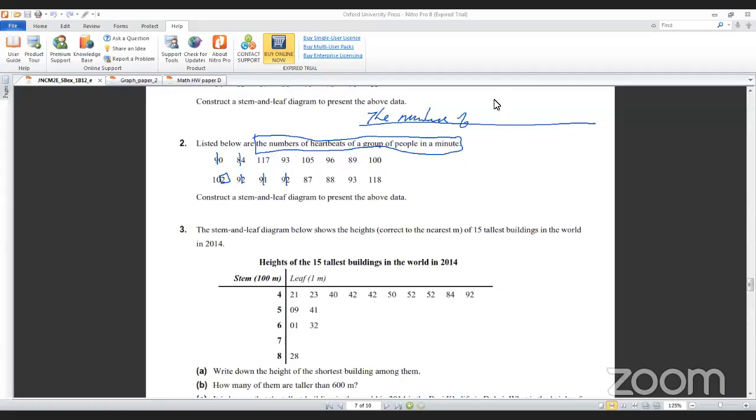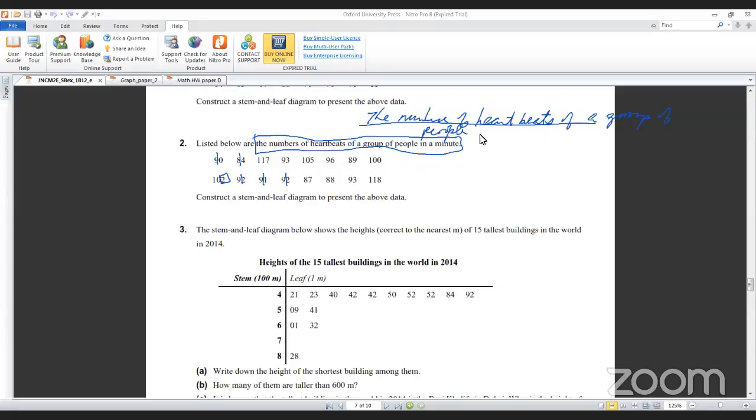Right. Now, first of all, the title. Usually in this case, you can just copy from the instruction or question given. I'm not asking you to create your own sentence for the title. That's why you can just write down the numbers of heartbeats of a group of people in minutes.